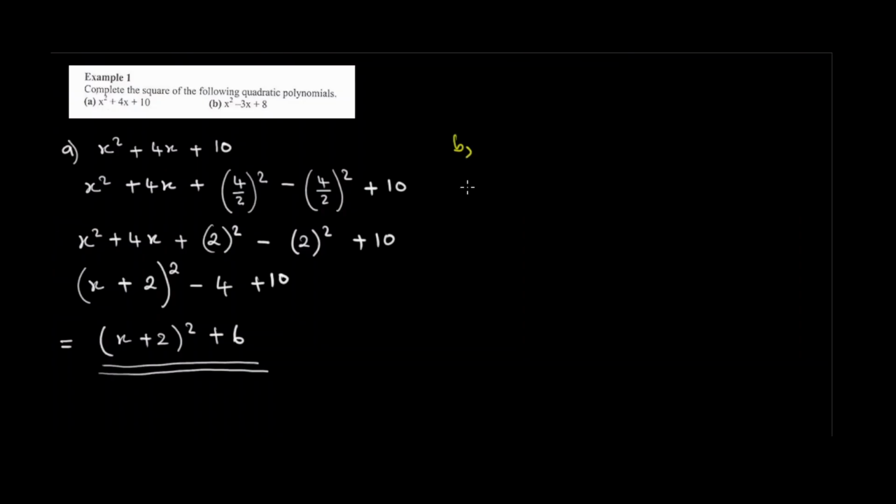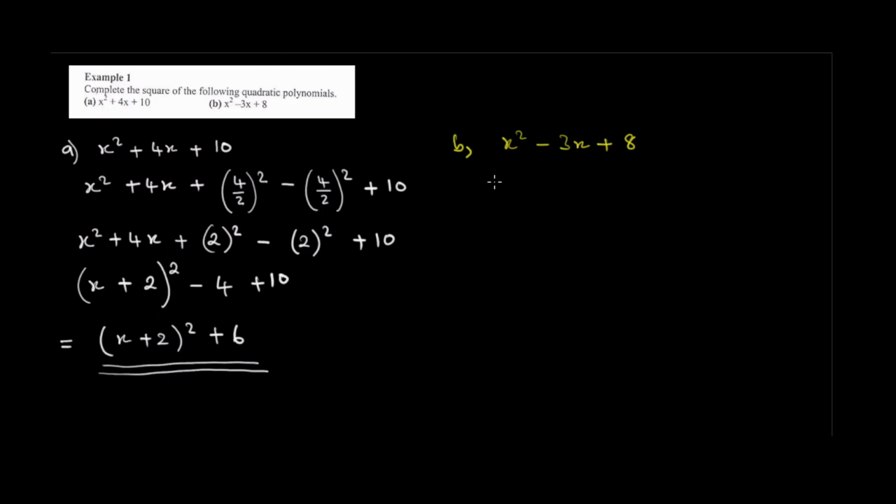Looking at B, it is x squared minus 3x plus 8. As said in B, we start by factoring out the coefficient of x squared, which is 1. So we don't do it, we skip to the next step, which is adding and immediately subtracting half of the coefficient of x.